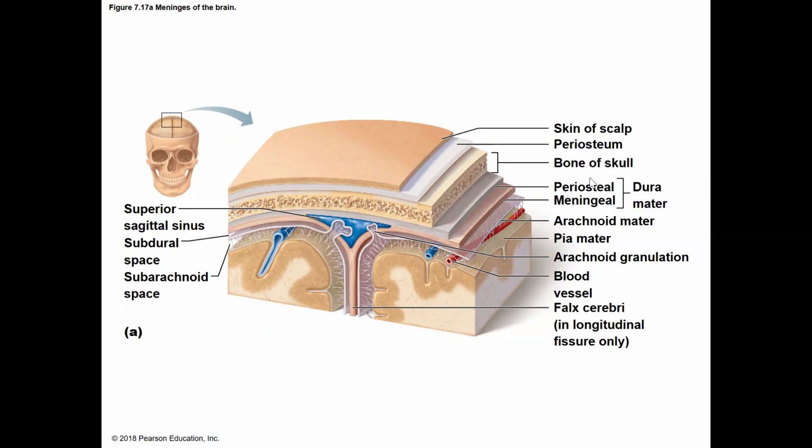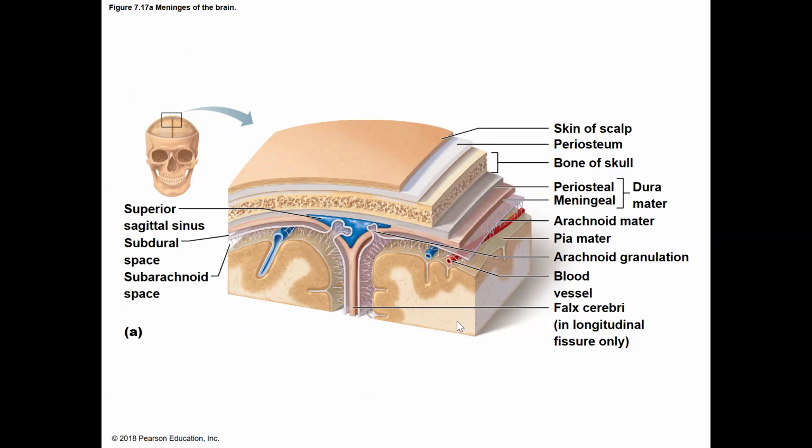Before we get into some of the root words for the parts of the brain and the nervous system, I wanted to show you a little bit of the anatomy so you can understand it. These pictures are a little better than what your textbook gives you. When we learn about the different layers of the meninges, this is what we're talking about.